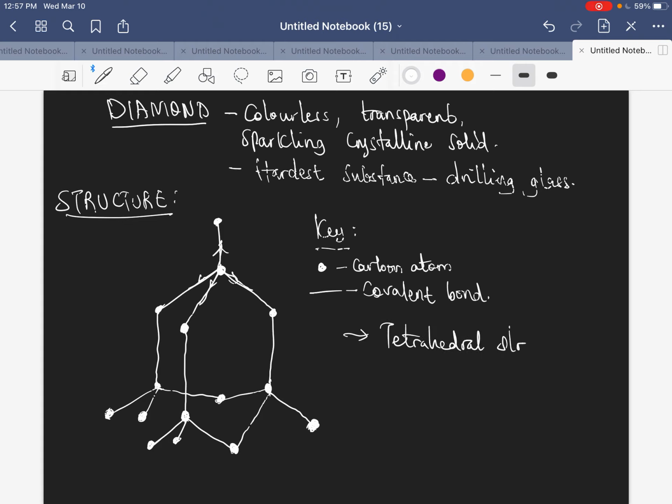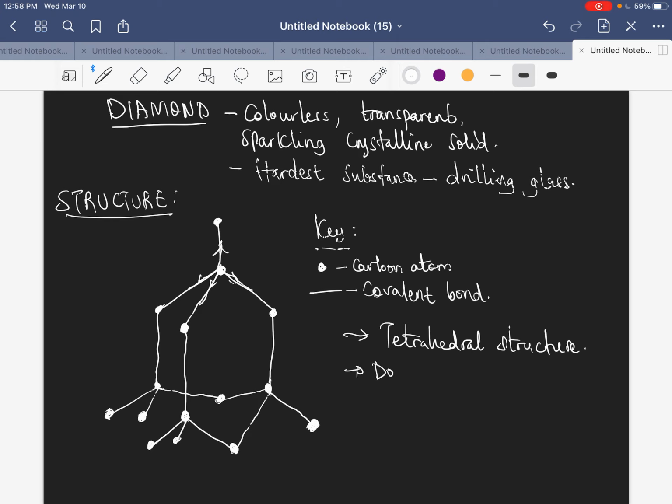And because each carbon atom has 4 other carbon atoms surrounding it, we say that we do not have any delocalized electrons, because all the 4 electrons in the outermost shell are paired with other electrons from the neighboring carbon atoms.